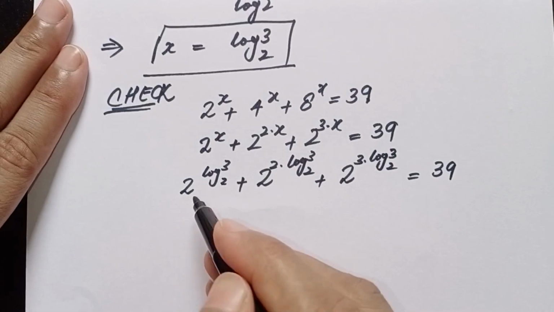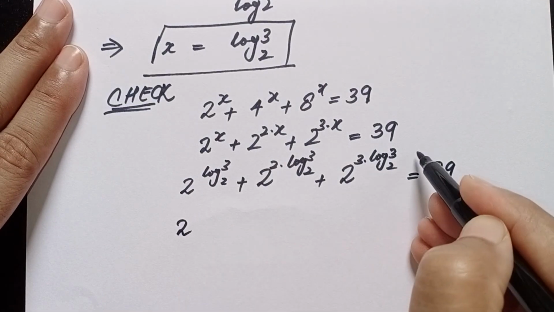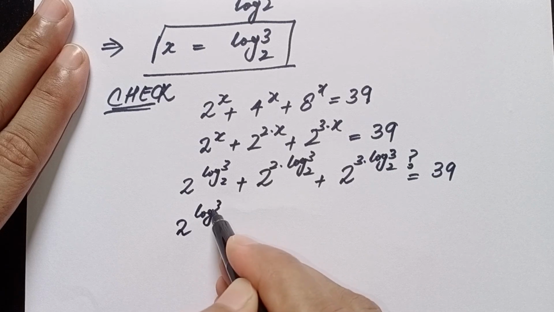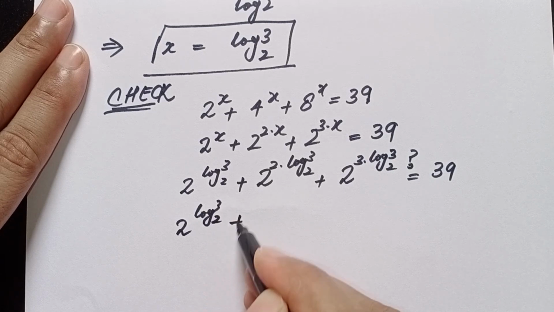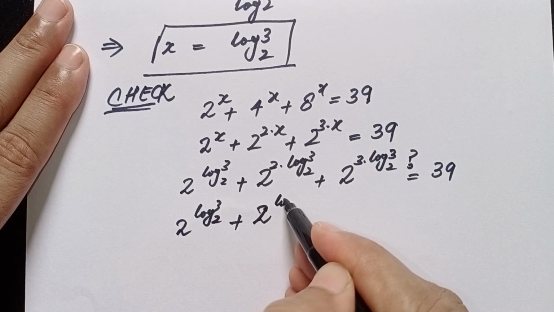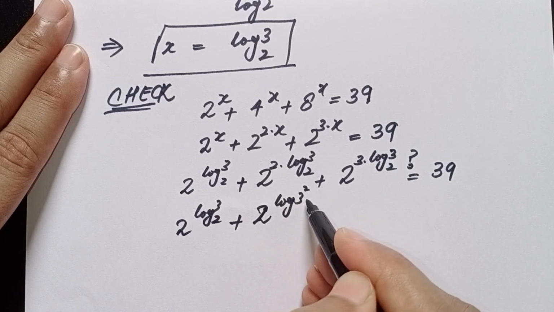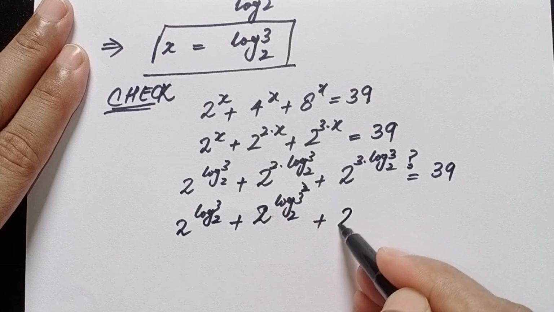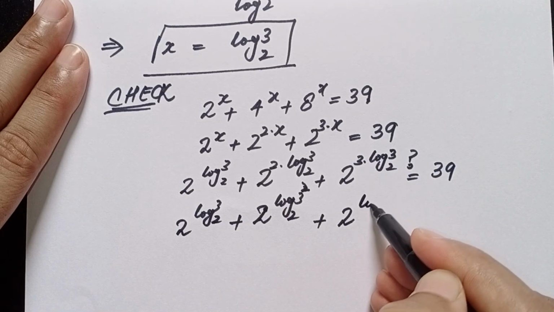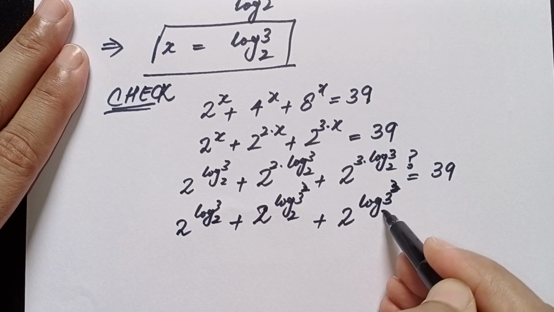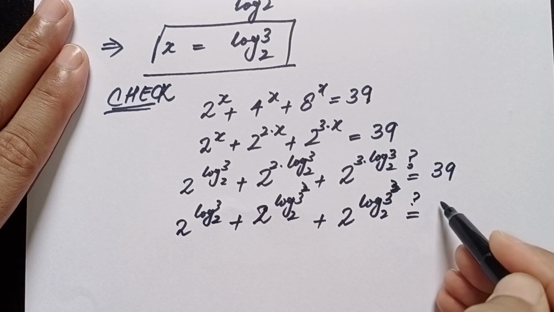In the next step, we write 2^(log 3 base 2) plus, the 2 will become the power of 3, so 2^(log 3^2 base 2), and here we have 2^(log 3^3 base 2) is equal to 39.